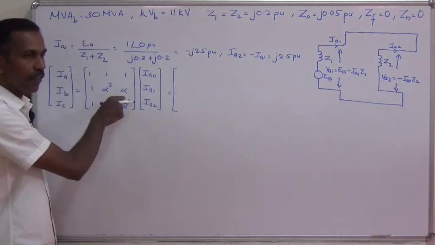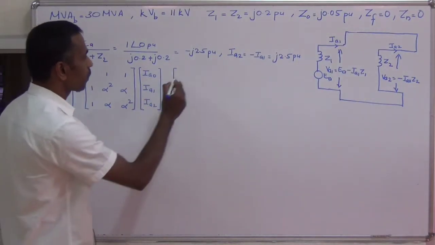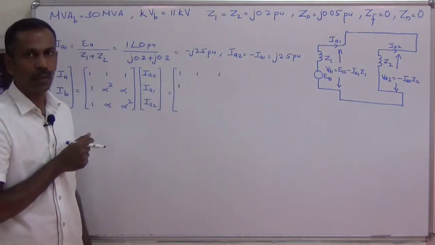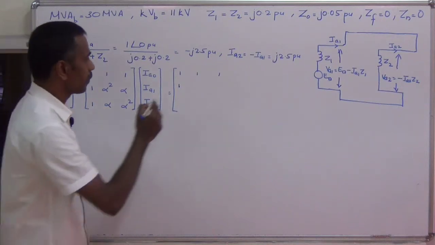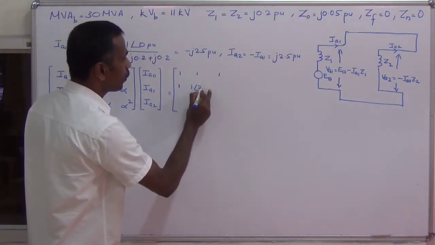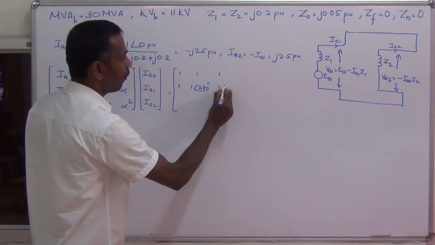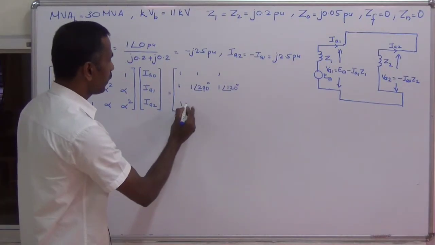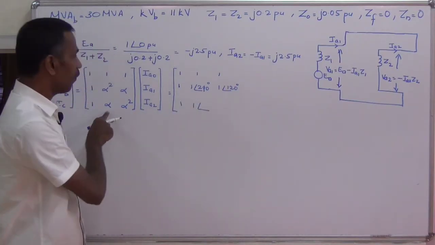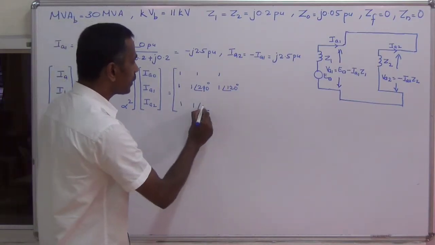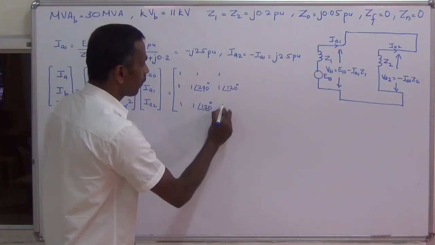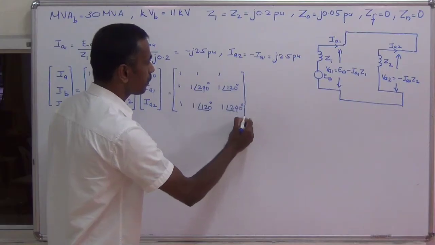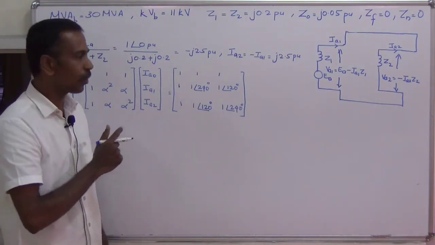Let me write the values of alpha and alpha square here. Alpha square equals 1 angle 240 degrees, and alpha equals 1 angle 120 degrees.